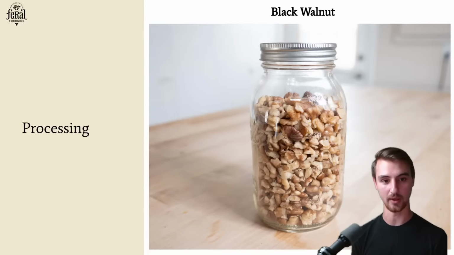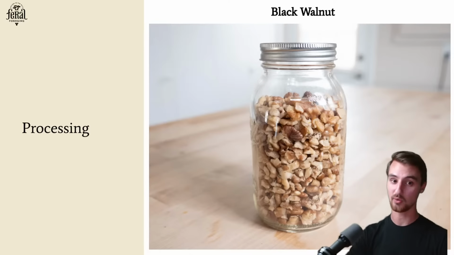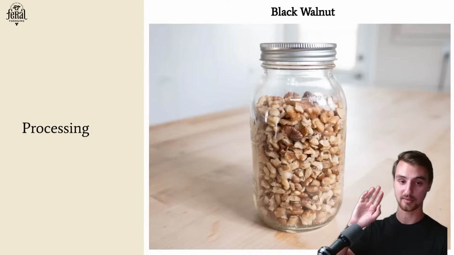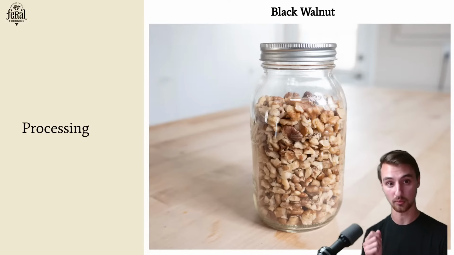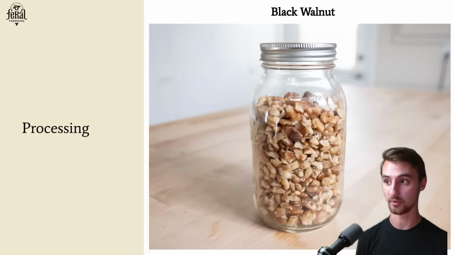I wouldn't say I developed, but I helped to create this method for processing black walnut that completely unlocks black walnut as a wild food. Before I saw it as a tedious task, and now I see it as a really viable, abundant wild food, and I want more people to know about this.